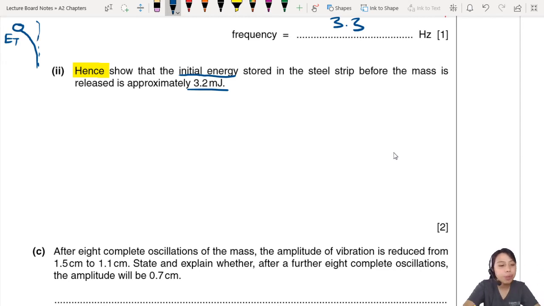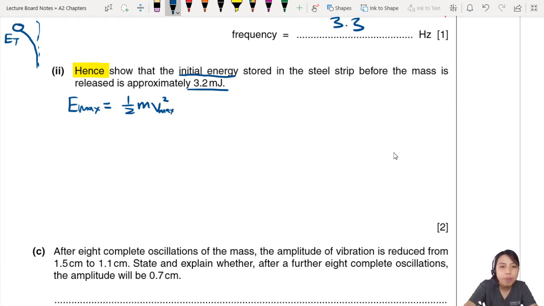Go and review 13.2 and 13.3 if you feel like, I don't remember this. Go and check it out again. But anyway, maximum energy or total energy is also the speed when it is at equilibrium, so V max, which is also the maximum potential energy. But we can't use Hooke's law because it's not exactly a spring.